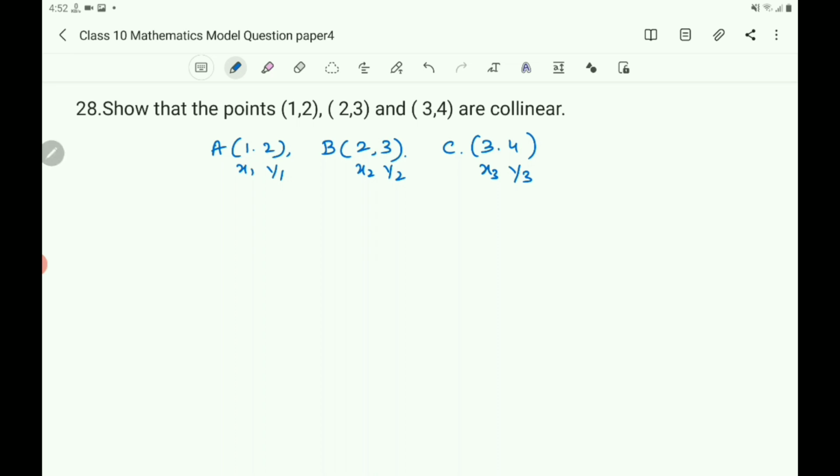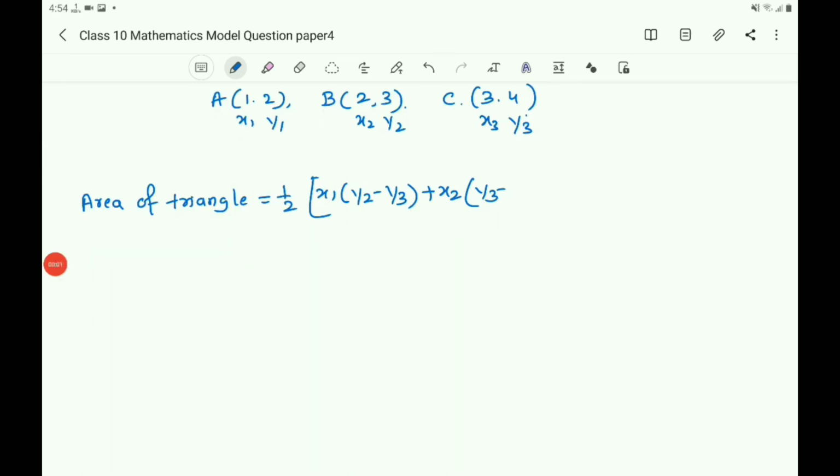Now you write the formula for the area of the triangle. Area of triangle equals 1 by 2 into x1 into (y2 minus y3) plus x2 into (y3 minus y1) plus x3 into (y1 minus y2).